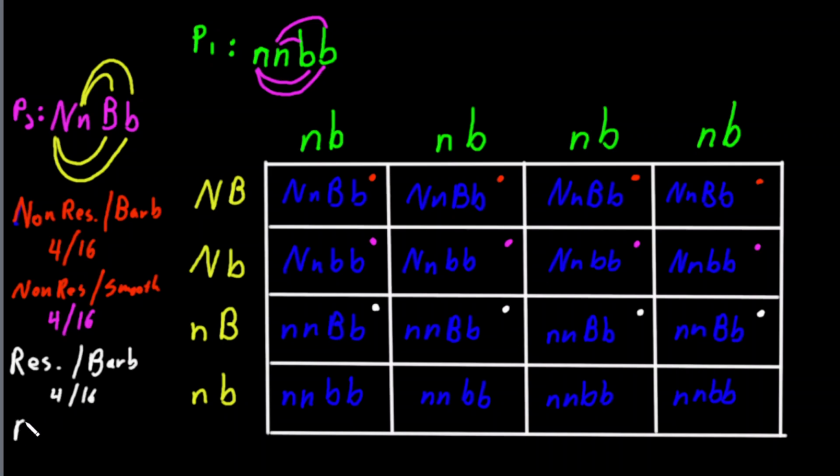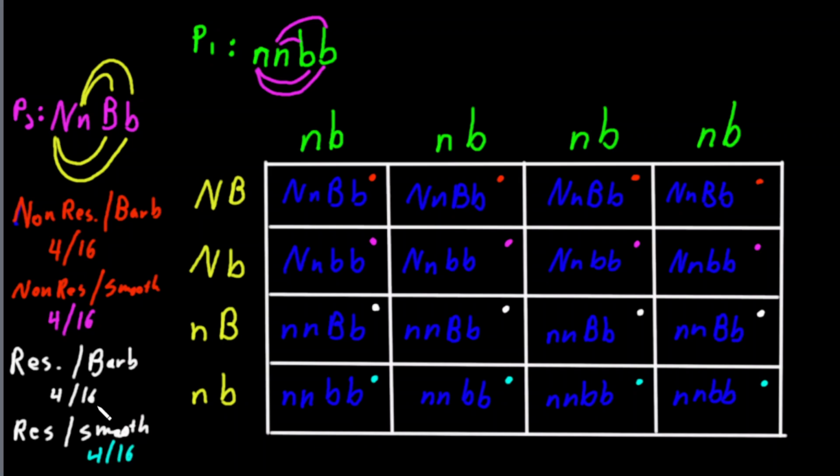And then what if I have one that's resistant but smooth? Resistant and smooth, and we will see that's going to be homozygous recessive, which happens to be these 4. So again, 4 out of 16.